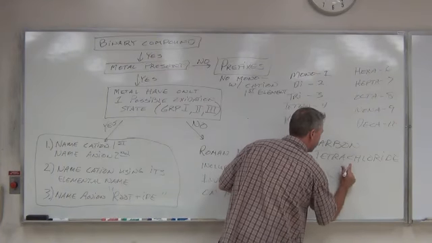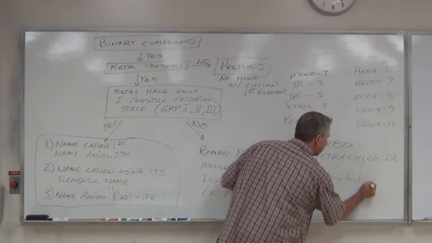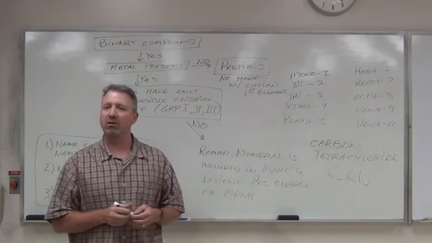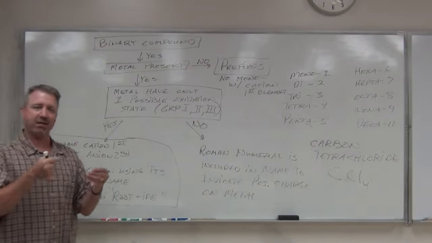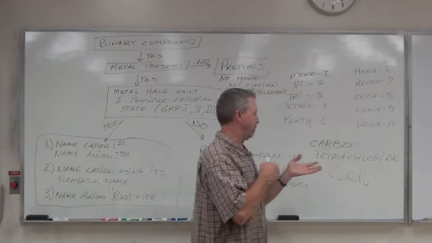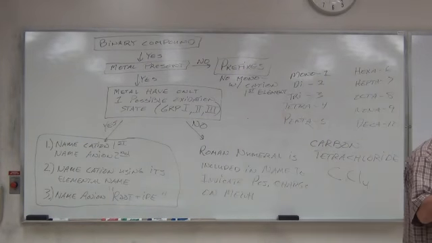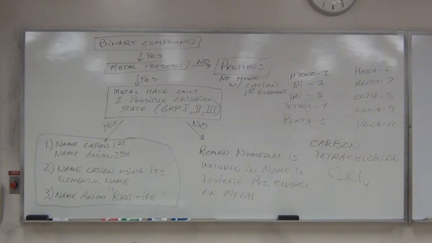Carbon, tetra 4, chlorides. You don't go to the periodic table and get positives and negatives and go back and forth until you get the formula. You just write down whatever you're given. All right?